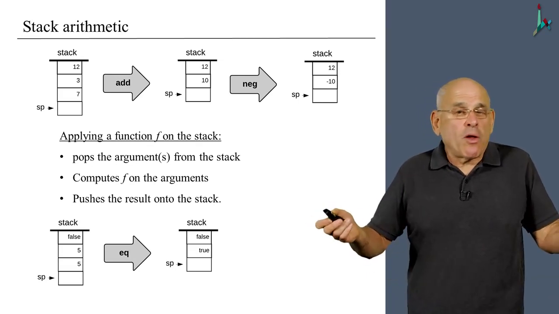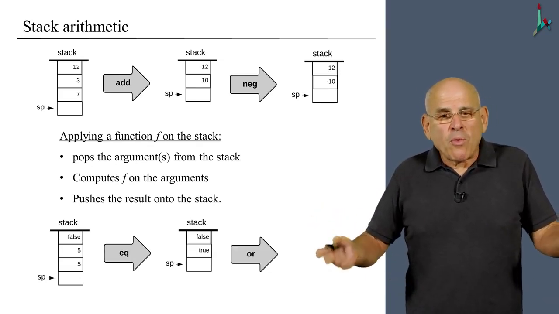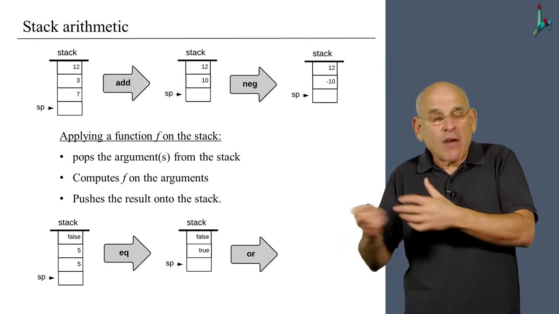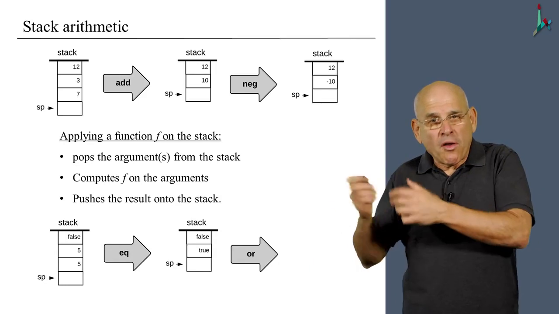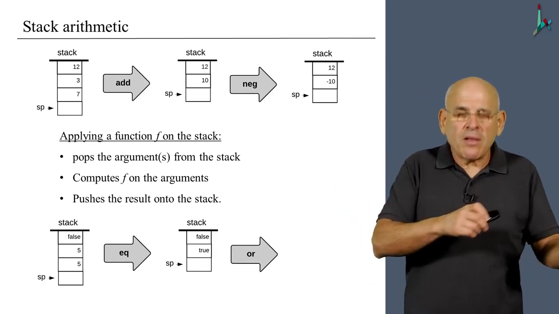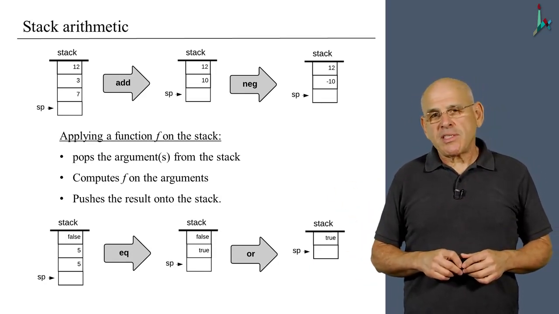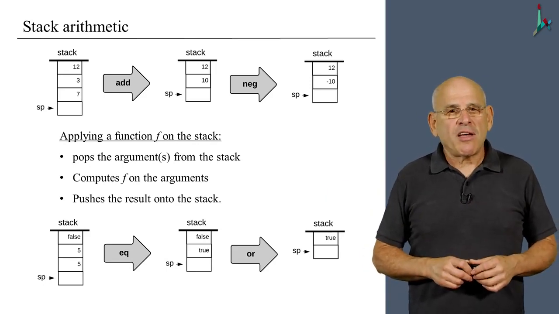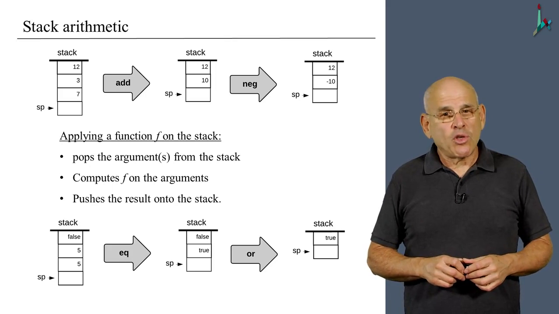Then, if we want, we can say or. We will pop the two topmost values. The stack will become empty. We will OR them on the side. We'll get true, and then we'll push true back onto the stack. So I hope that you understand the spirit of this very elegant virtual machine.